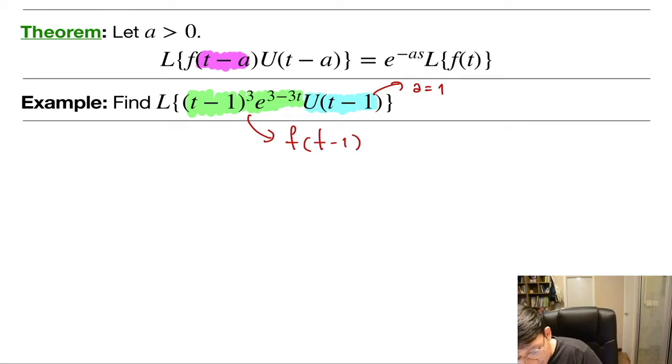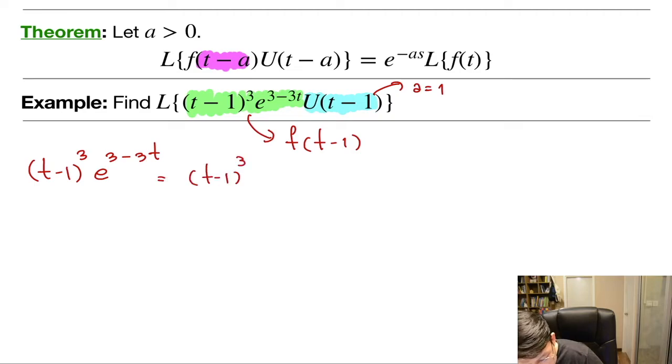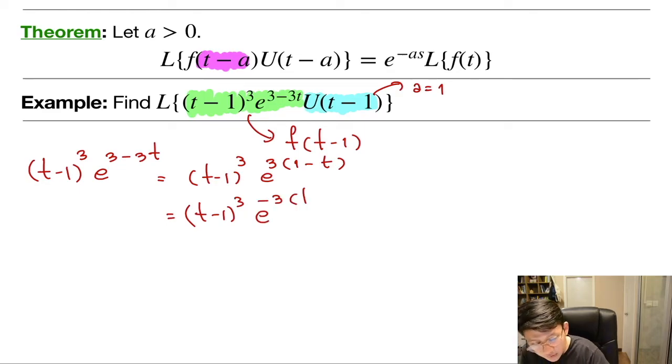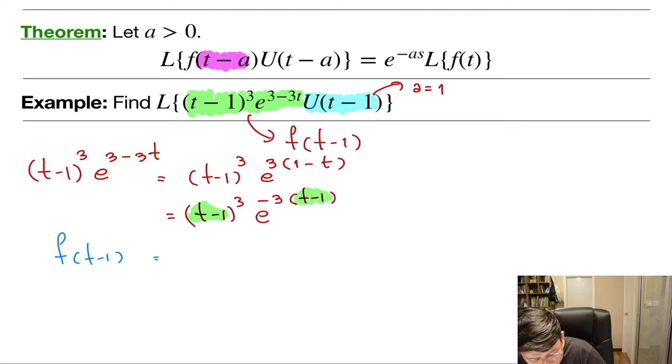But as you can see, (t − 1)³e^(3 − 3t) is actually (t − 1)³e^(3(1 − t)), or it's actually (t − 1)³e^(−3(t − 1)). So you can write it in terms of t − 1. So we have that f(t − 1) is (t − 1)³e^(−3(t − 1)).